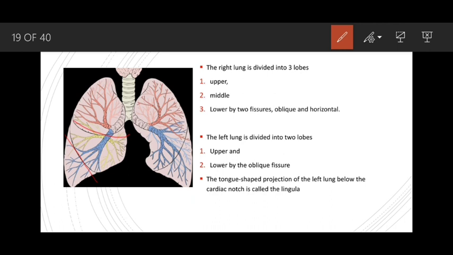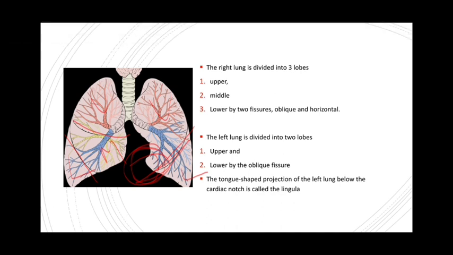The left lung is divided into two parts by the oblique fissure, upper and lower, right? This tongue-shaped area is known as the lingula, which occurs on the left side of the lung, right?